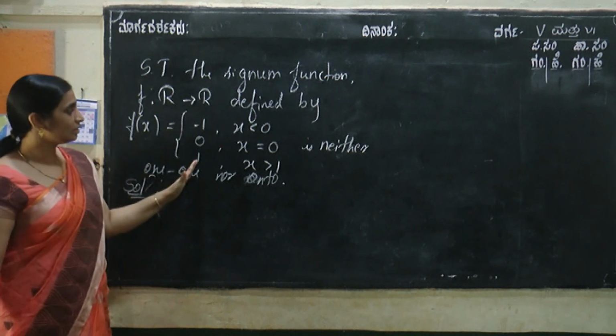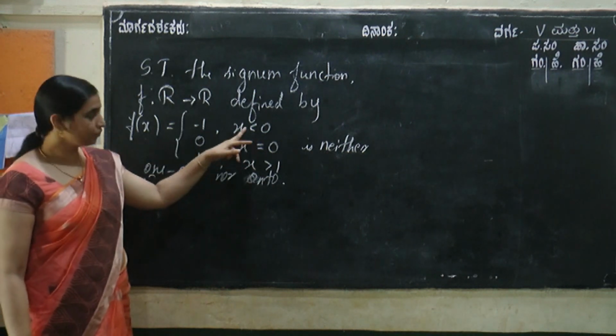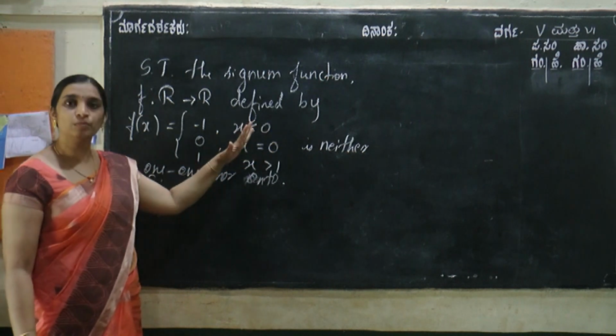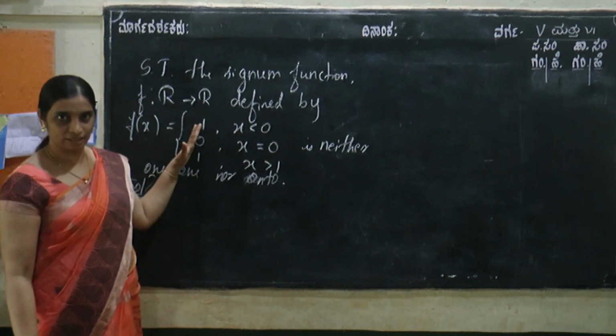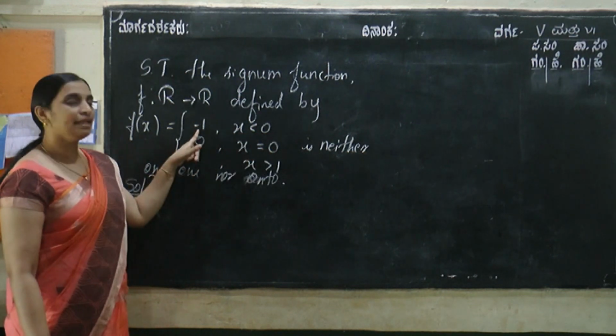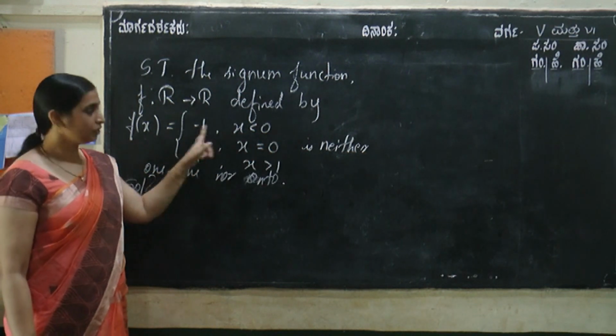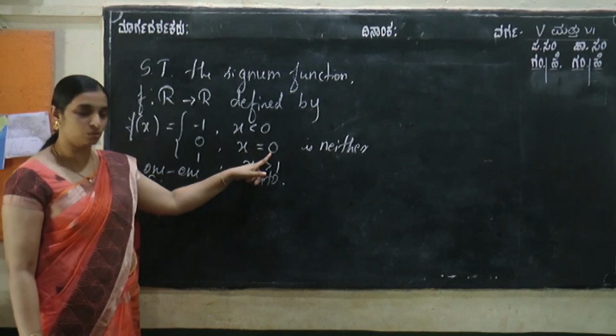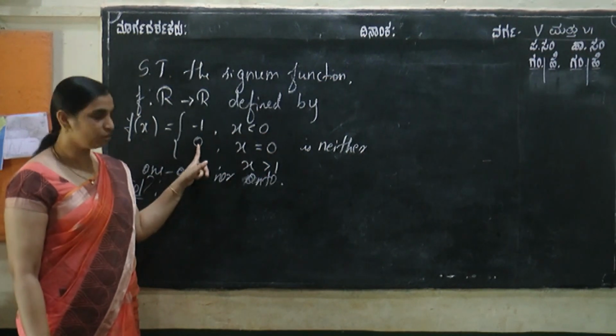Neither one-one means the function is many-one here. Or directly we can say, look at the definition: x less than 0 means the real values are negative. Whenever we take any negative real number, its image is minus 1. If the real number is 0, then the image is 0.